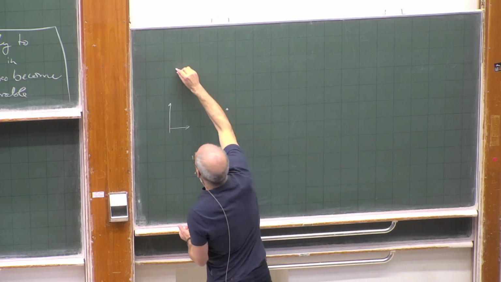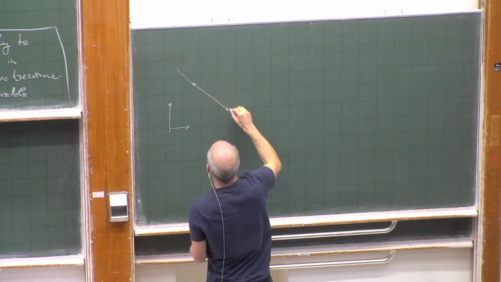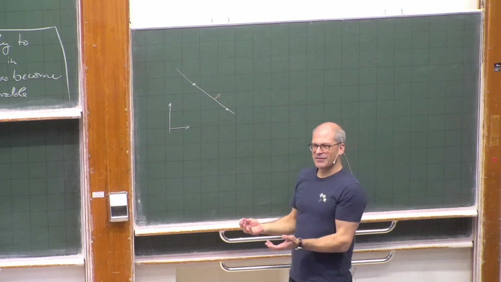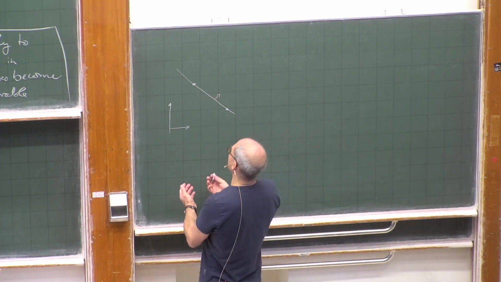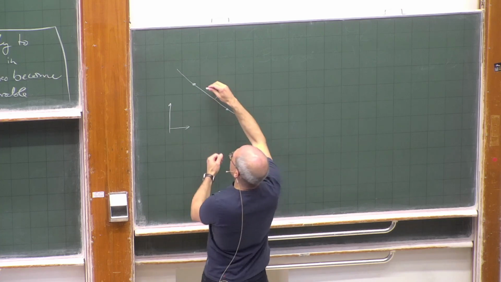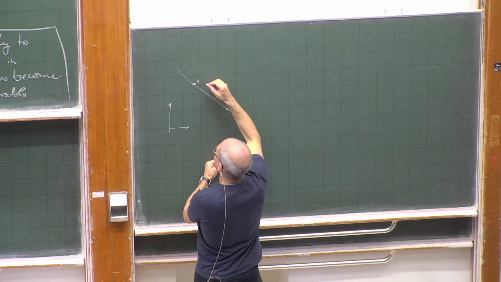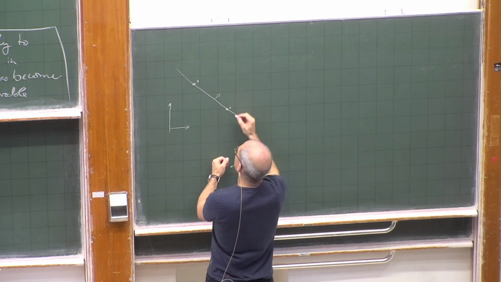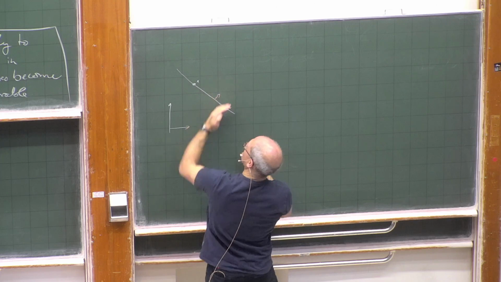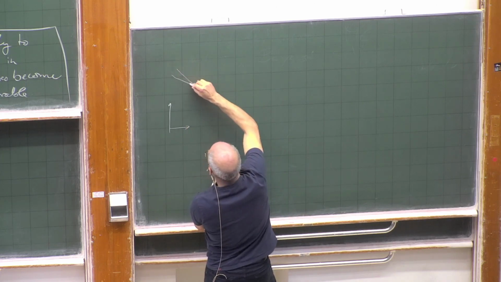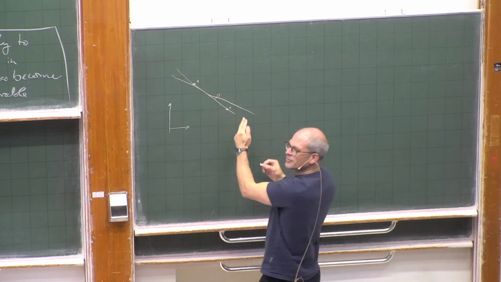I'm fitting a plane through these points, and now I'm throwing a dice. For example, if I decide by throwing my dice that this is class 1 and this is class 2, then I will tilt my decision boundary a little bit, such that class 1 is above the plane and class 2 is below it.